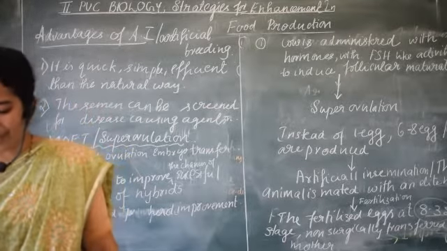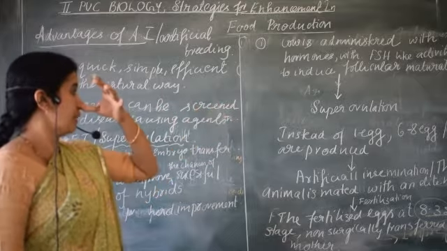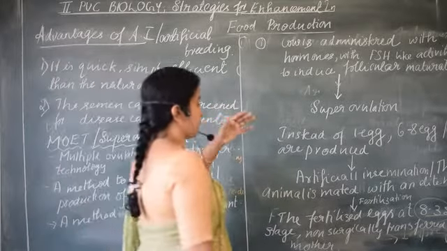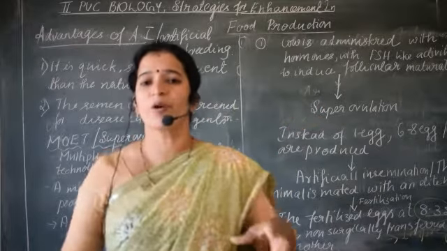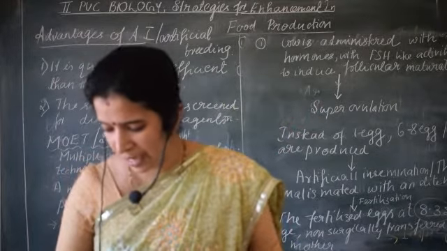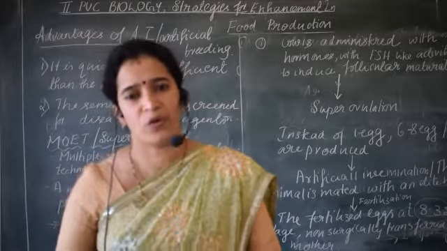Now what about the genetic mother? The genetic mother is the first one, to which we administered the hormones. This genetic mother will be available for another round of superovulation.